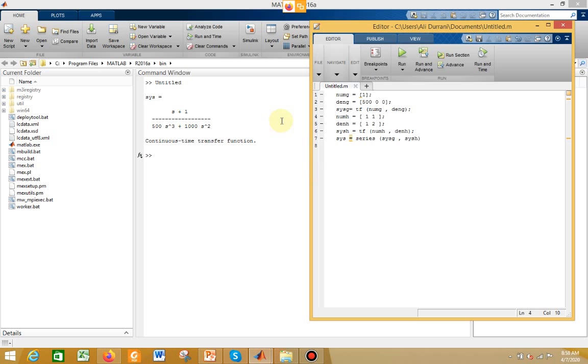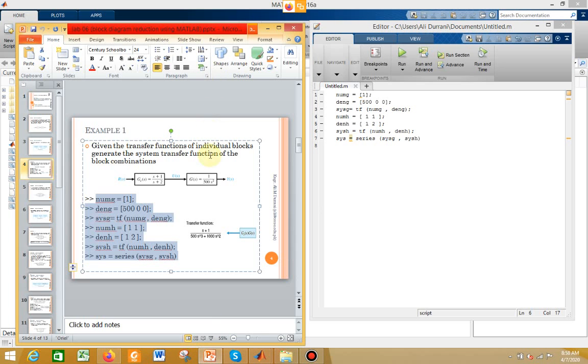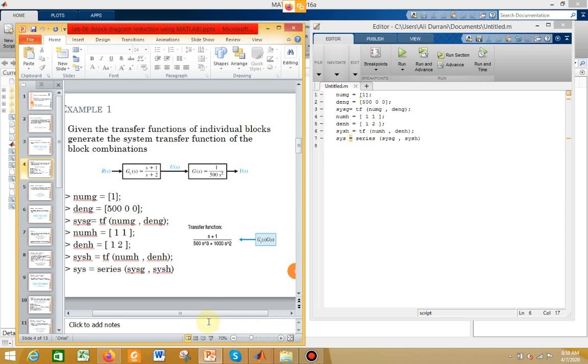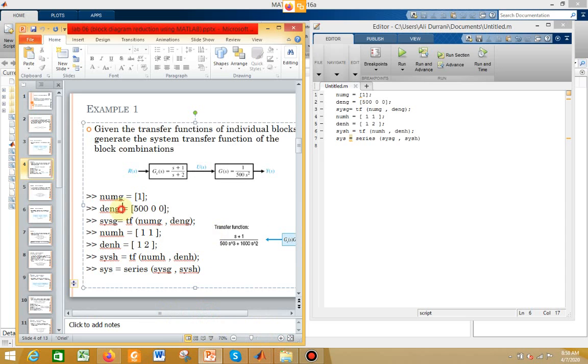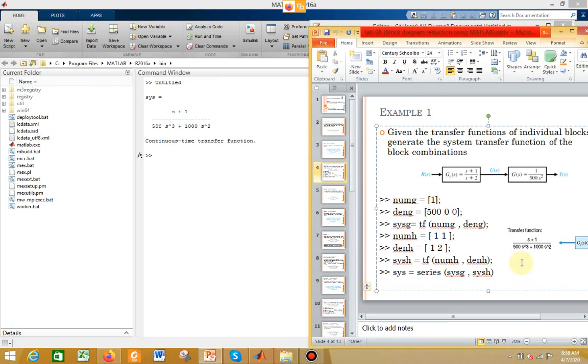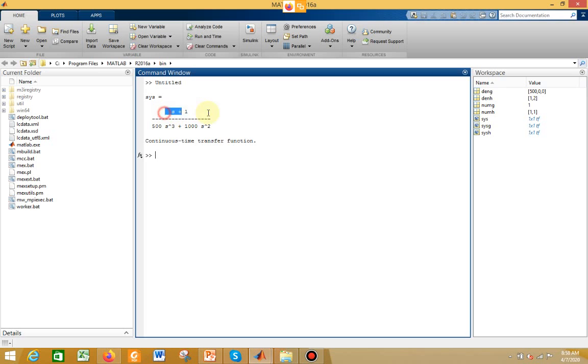Okay, so here you can see that we have written the same code which was there in that example 1, and the result is also the same, which is s plus 1 divided by 500 s cubed plus 1000 s squared.